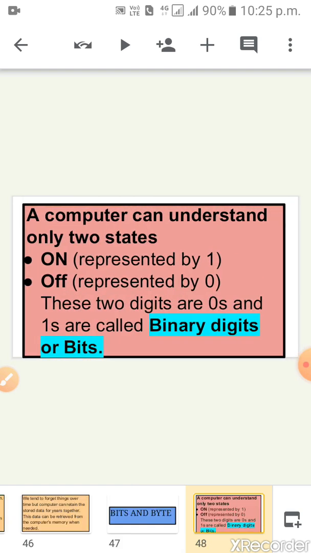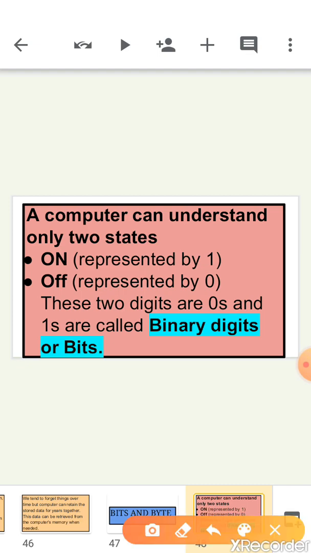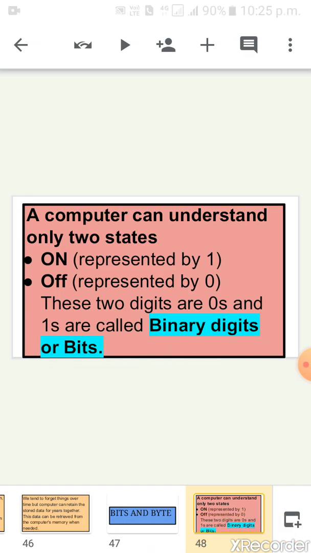A computer can understand only two states. Number 1, on, which is represented by 1, and second is off, which is represented by 0. These two digits, 0 and 1, are called binary digits or bits.